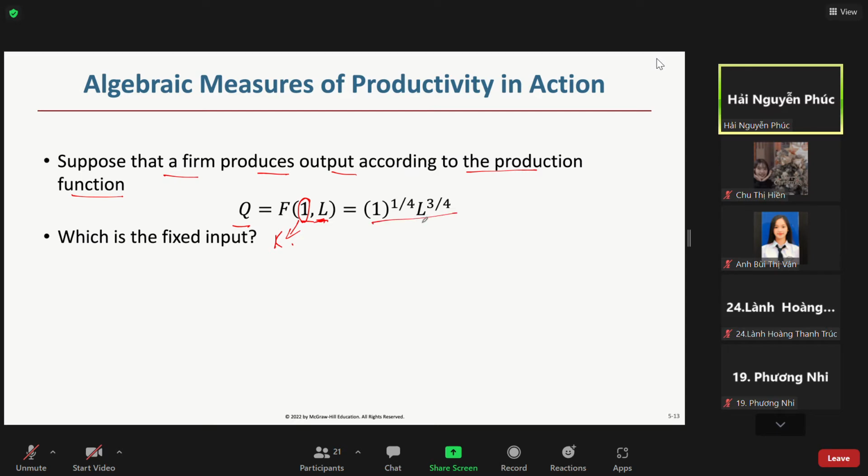Because if we change L, then the output will change, right? So the answer here is capital is the fixed input. And once again, I have told you that we often assume that in the short run, capital is fixed.